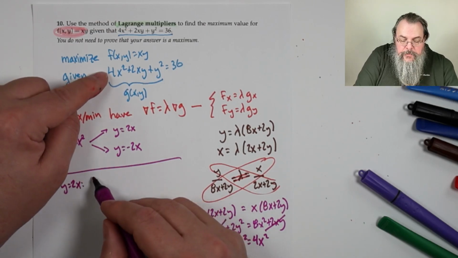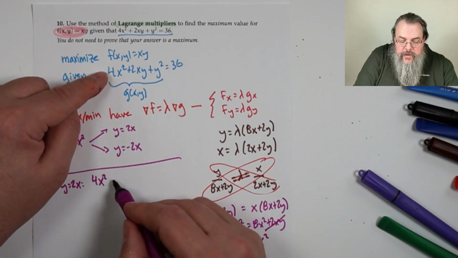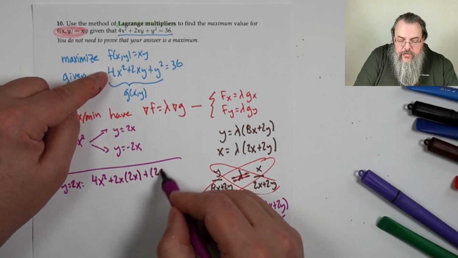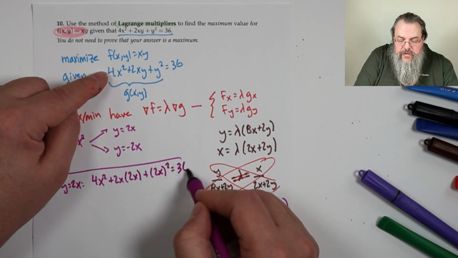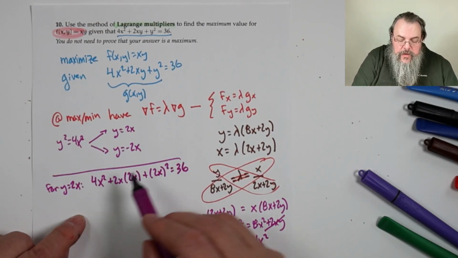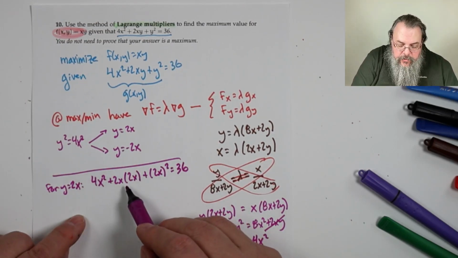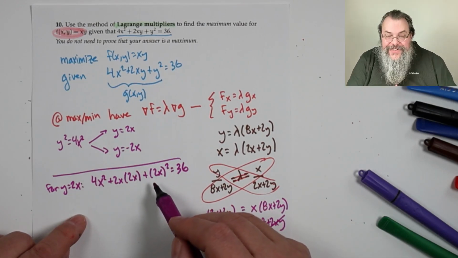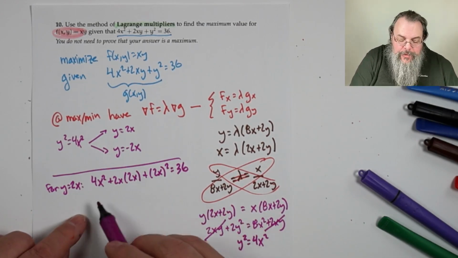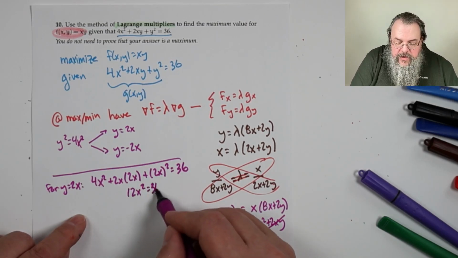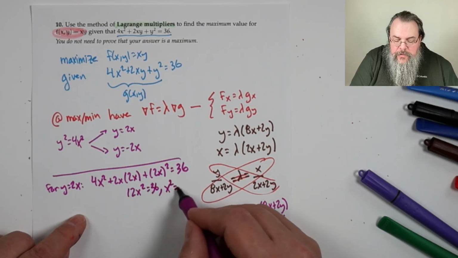we have 4x squared plus 2x times 2x plus 2x squared equals 36. That's 4x squared plus 4x squared plus 4x squared. There's a lot of x squareds going on here. But okay, 4 plus 4 plus 4, that's 12x squared equals 36, or x squared equals 3.